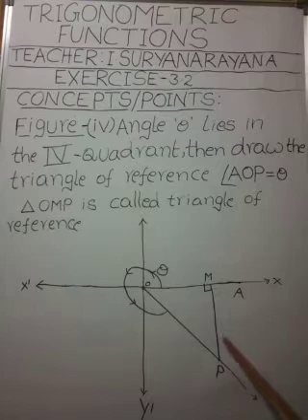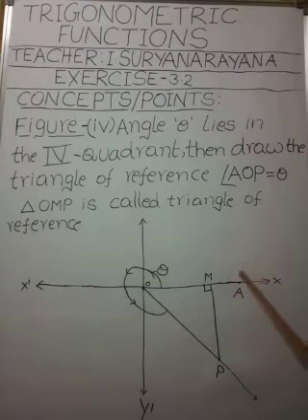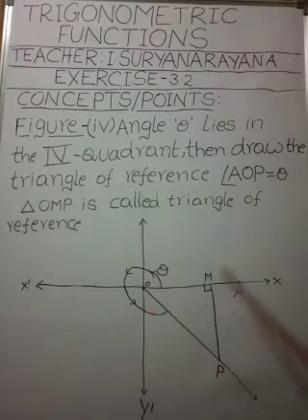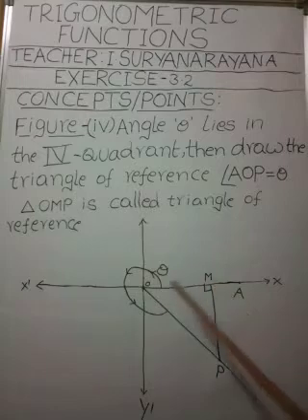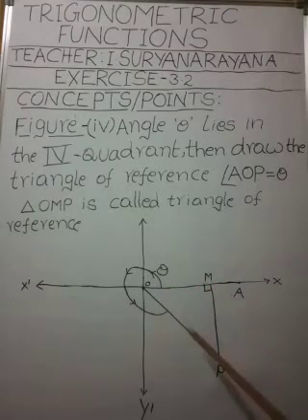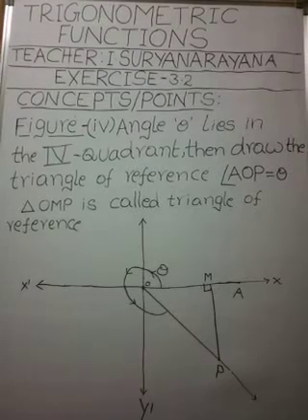PM, we have drawn PM perpendicular to x-axis. Then we get triangle MOP, triangle MOP or triangle OMP. It is called the triangle of reference for this angle theta. With the help of this right angle triangle, we can find the values of trigonometric functions of theta. Understood, my dear children? Right.